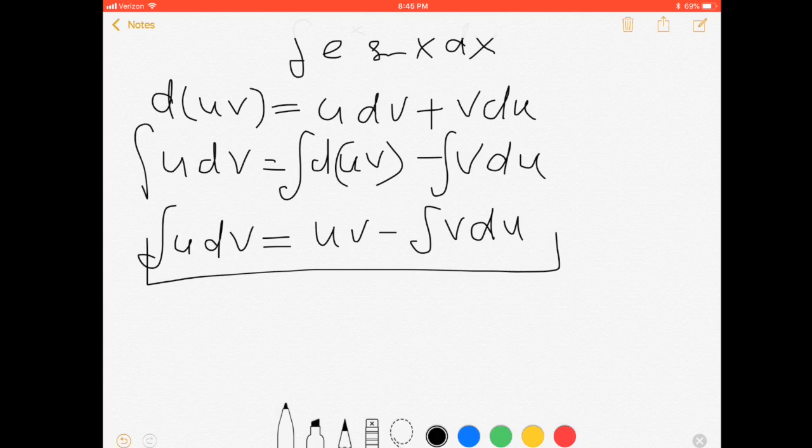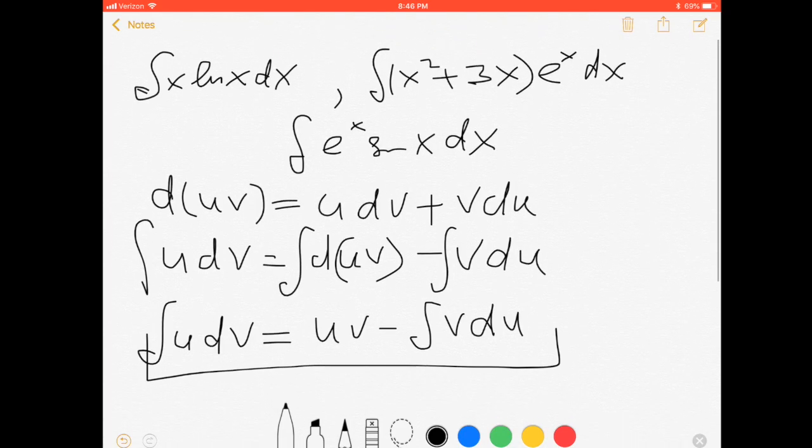The integral of this product will be the product of these two functions minus a second integral, where it's like a switch. You have the function whose derivative you found before, and for the first function you have the differential.